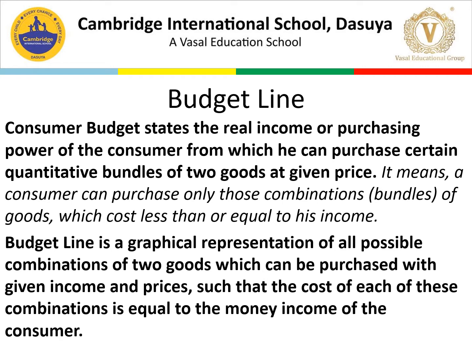The money income that I told you in the example is 300 rupees, and the combinations could be 1 dozen of bananas and 2 kgs of apples, or 1 dozen of bananas and maybe 1.5 kg of apples.